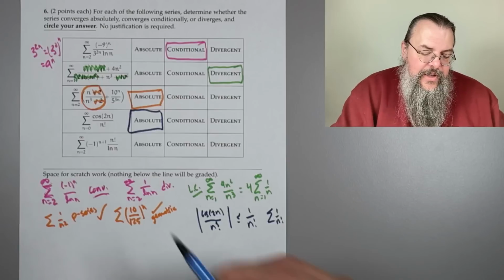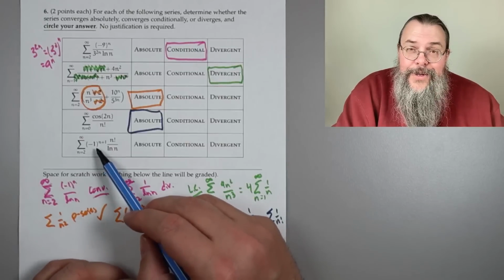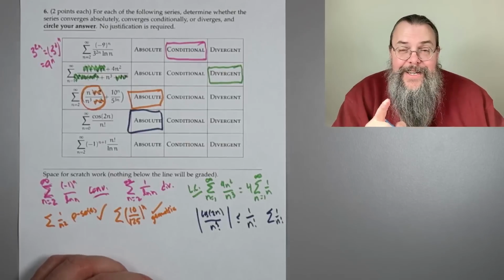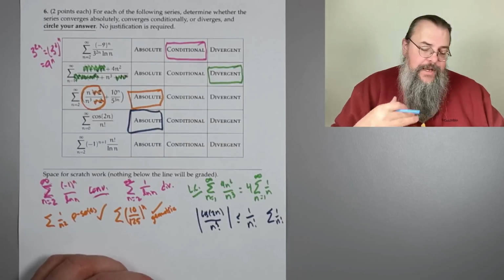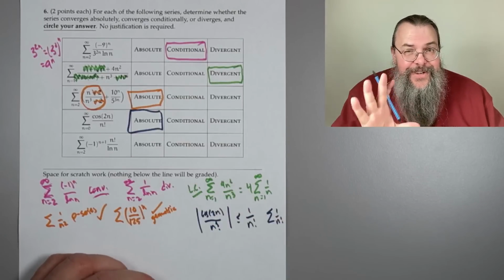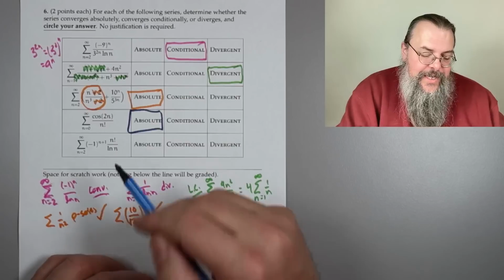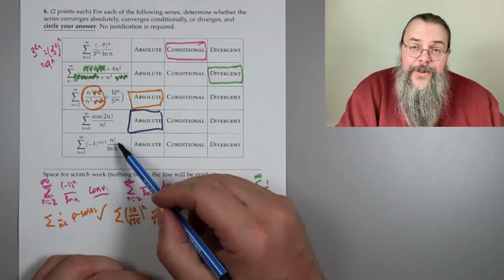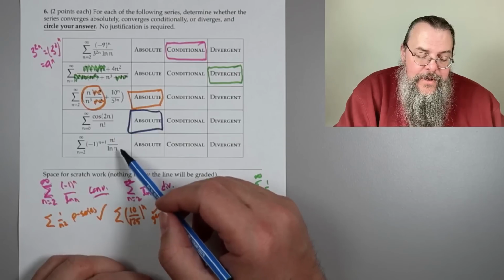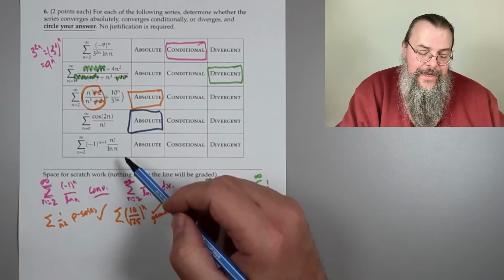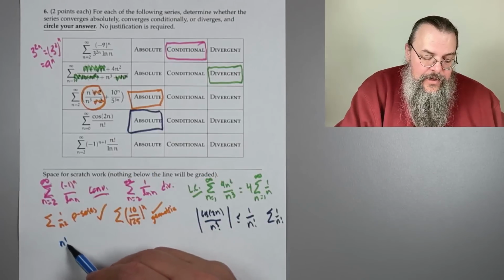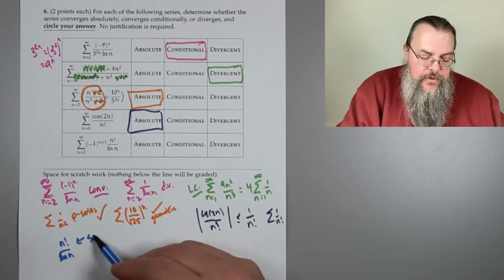All right, now, -1 to the n plus 1, alternating. Now, people often say alternating, okay, I'm going to circle conditional. No, don't do that. Let's look at our terms. N factorial over log n. Well, hey, wait a second. N factorial is super big, super huge.